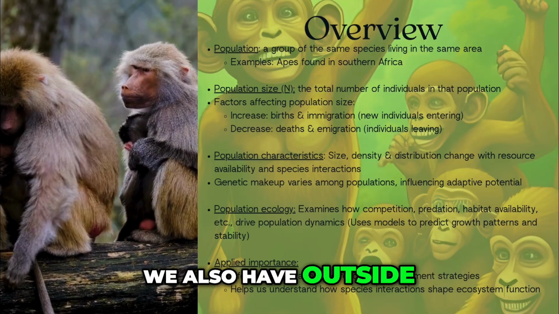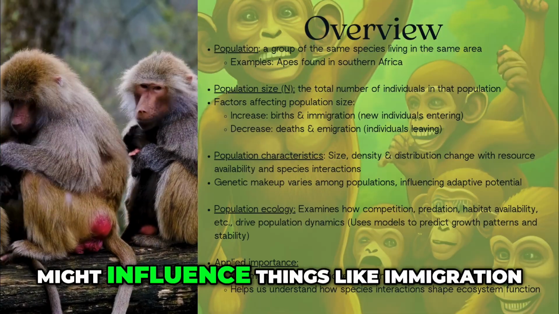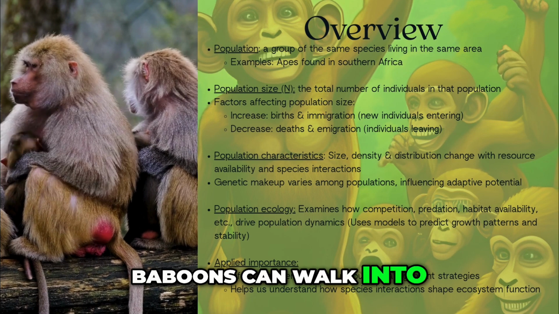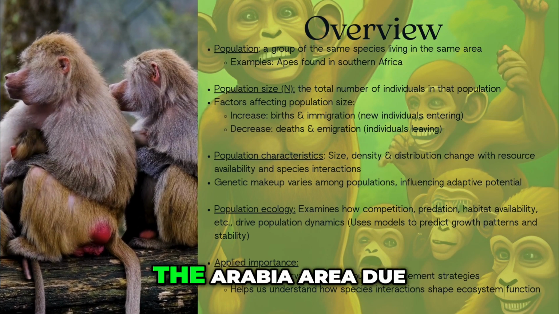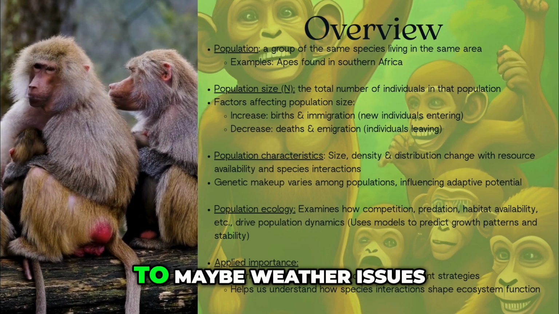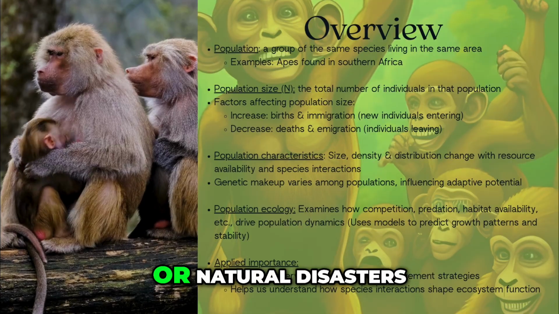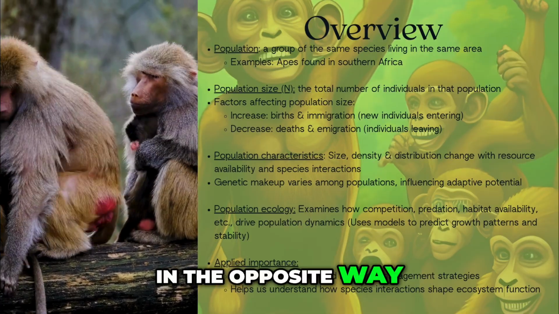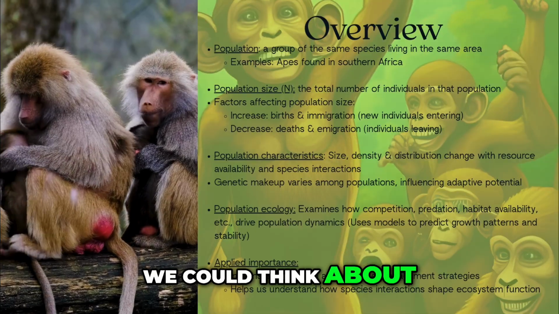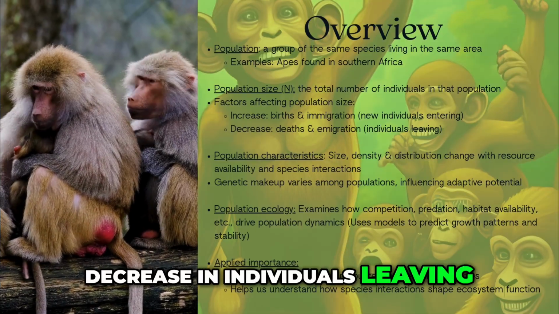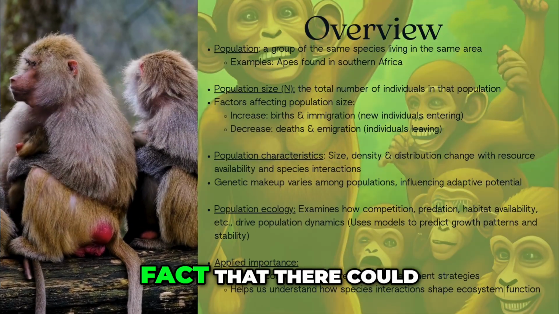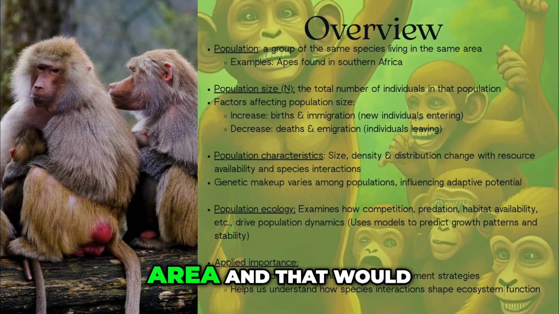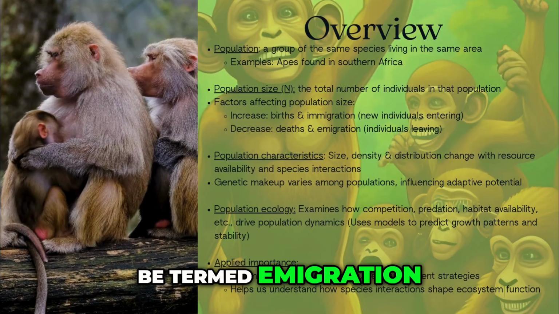We also have outside factors that might influence things like immigration, where a group of baboons can walk into a specific area like the Arabia area due to maybe weather issues or natural disasters. In the opposite way, we could think about a decrease in individuals leaving, maybe because there could have been a natural disaster in that specific area, and that would be termed emigration.